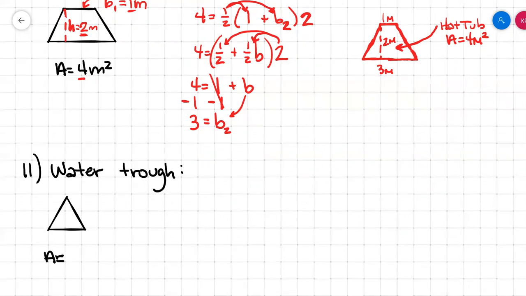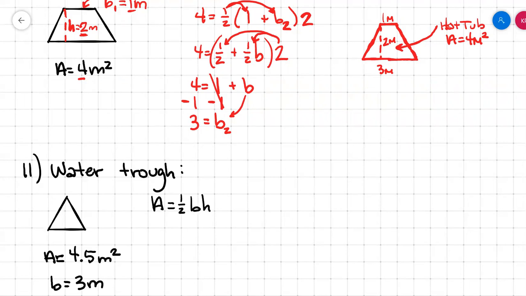Okay, the area of our water trough. Area equals 4.5 meters squared. The area of our triangle is 4.5 meters squared. Okay, it also tells us b is going to be 3 meters. And our formula that it wants us to use is the area equals half the base times the height.